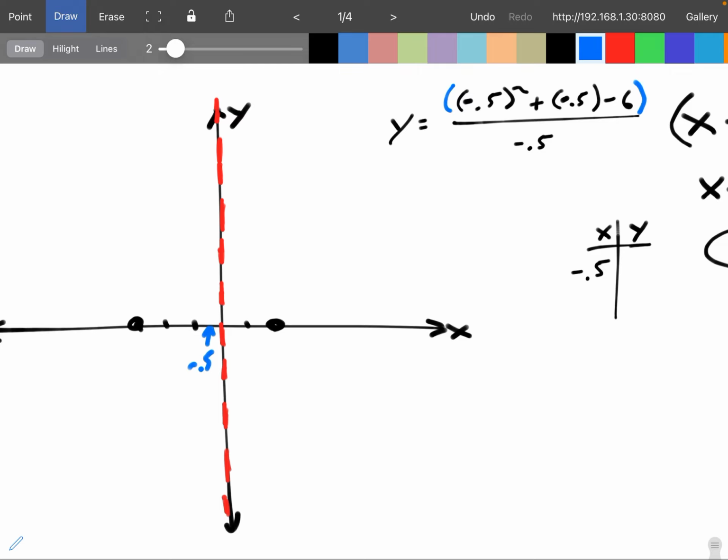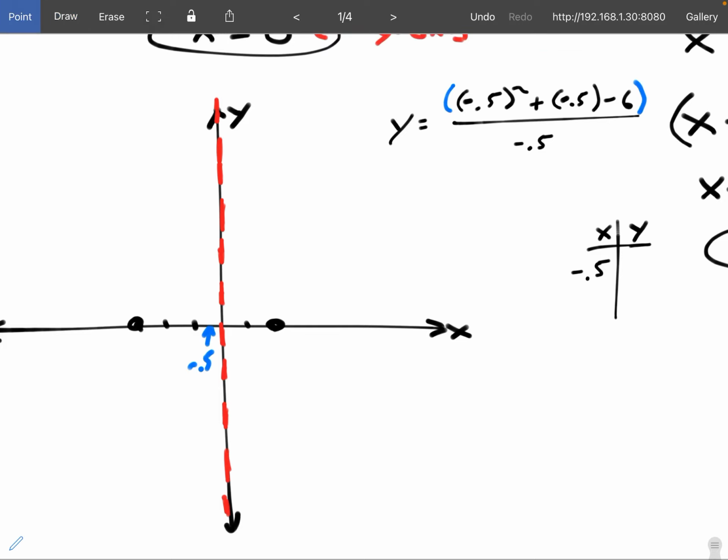You guys have the calculators too. By the way, when you're squaring a negative number on these calculators, make sure you put it in parentheses or it'll give you the wrong answer. So I'm going to put in parentheses -0.5 and then square it, and then plus -0.5.